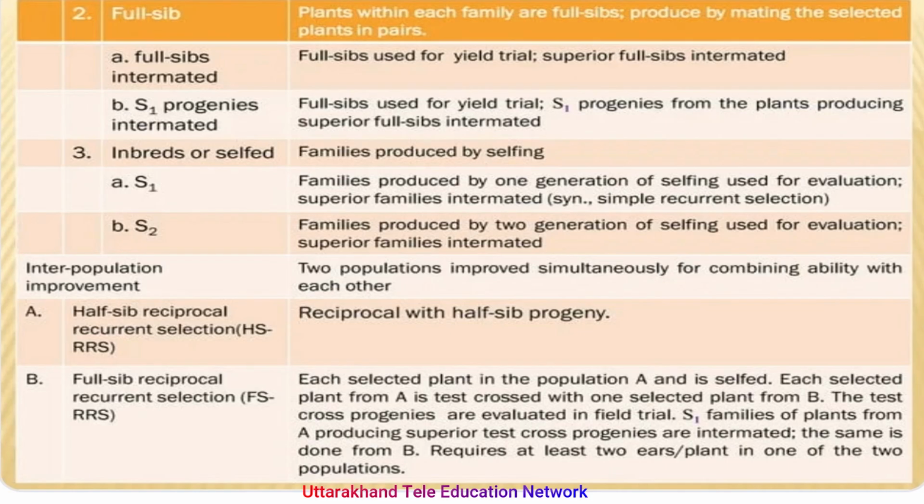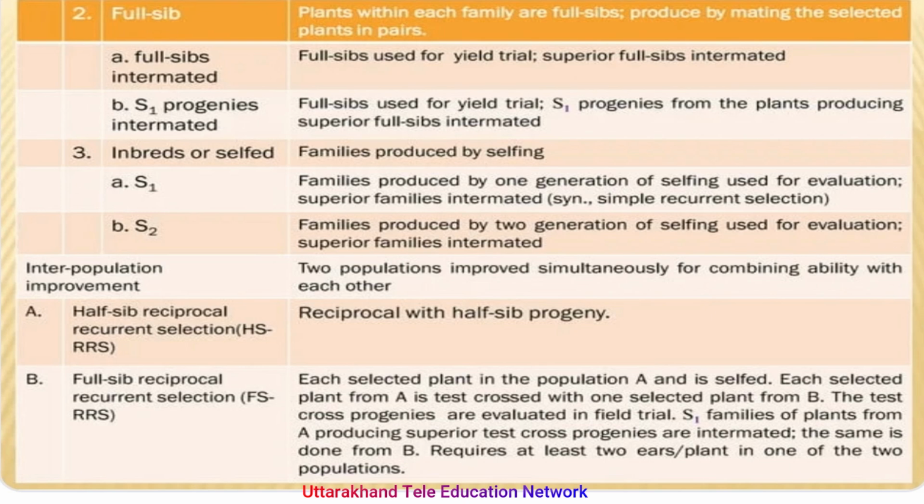Full-sib: full-sibs intermated, full-sibs used for yield trial, superior full-sibs intermated. S1 progeny is intermated, full-sibs used for yield trial. S1 progenies from the plants producing superior full-sibs are intermated.